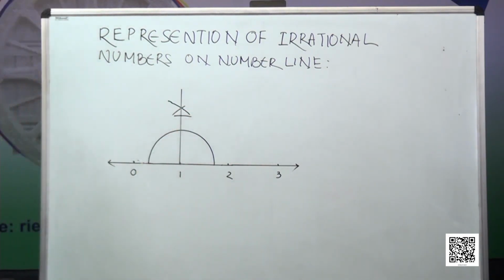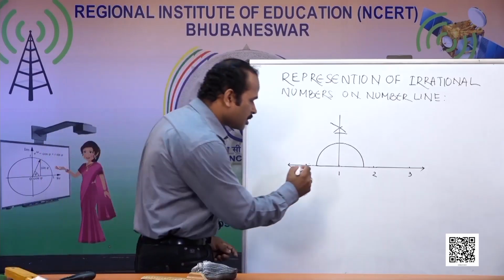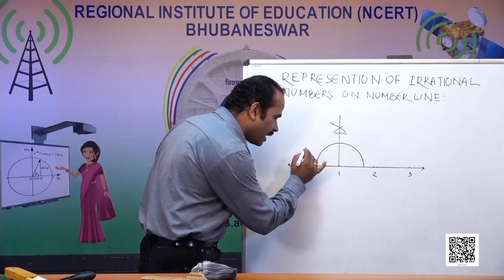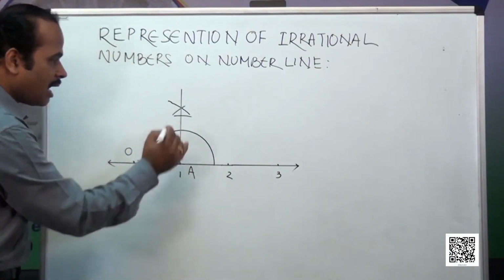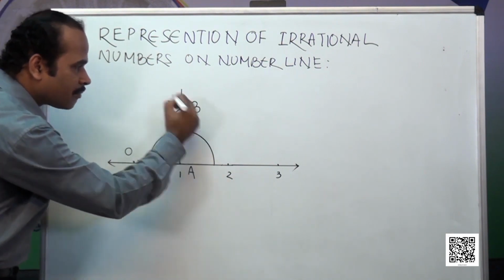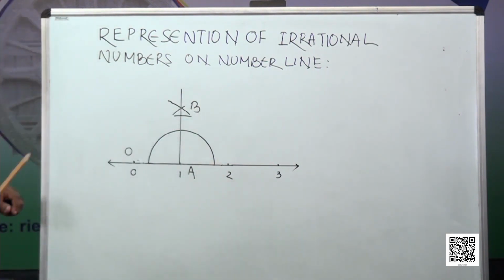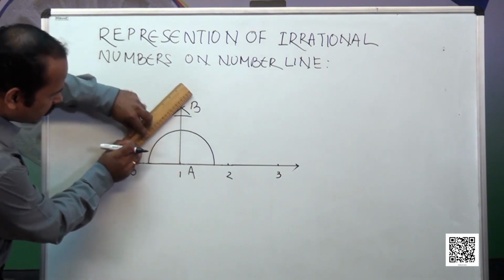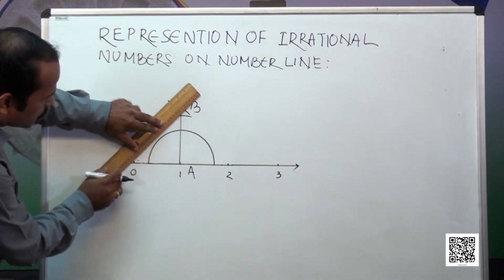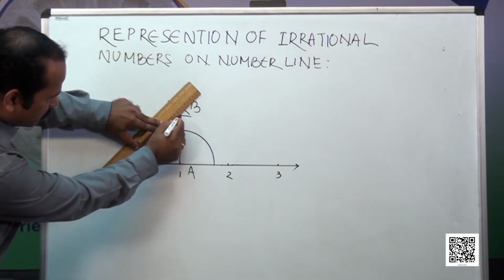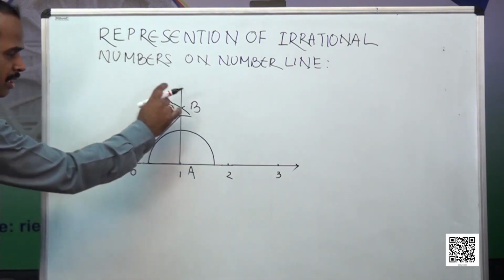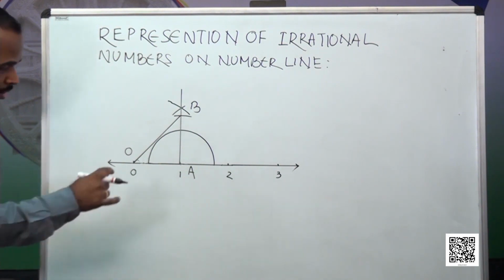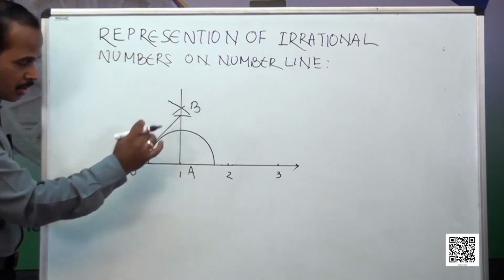Now let me give the names: this 0 point I will take as O, this point I will select as A, and let me take this point as B. Now I will join this O and B. By joining O and B, I find a right angle triangle AOB.